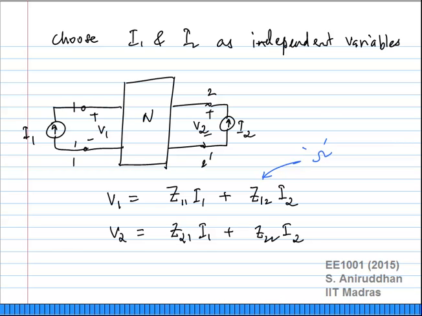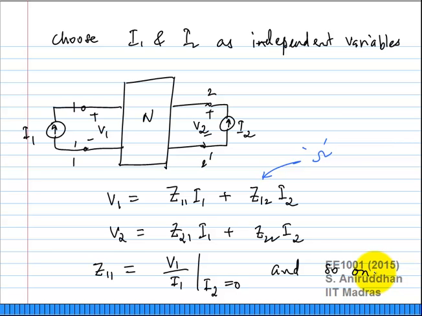So how will you figure out what Z11, Z12, Z21, Z22 are? If you want to find out Z11, for example, Z11 can be defined as V1 by I1 when I2 is 0 and so on. You can do it for the other parameters. Very clearly you will have to set I1 and I2 equal to 0. What do you do when you set I1 and I2 equal to 0?